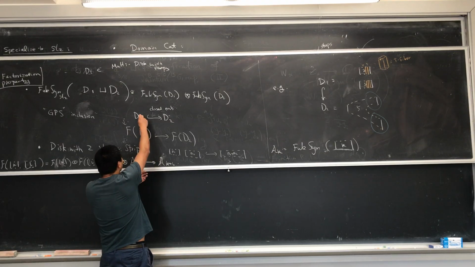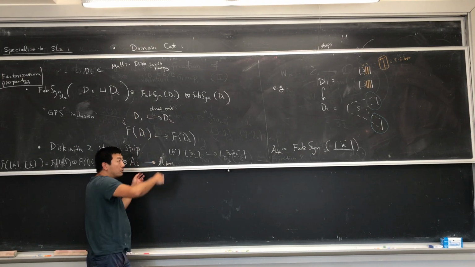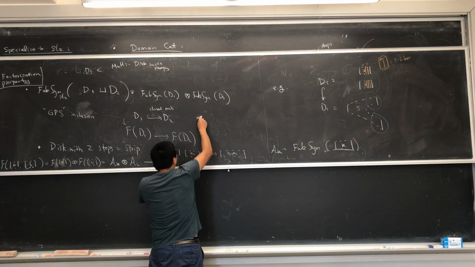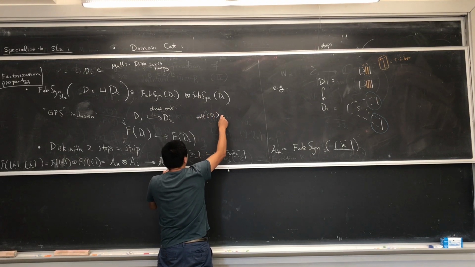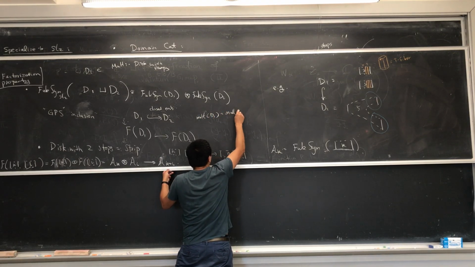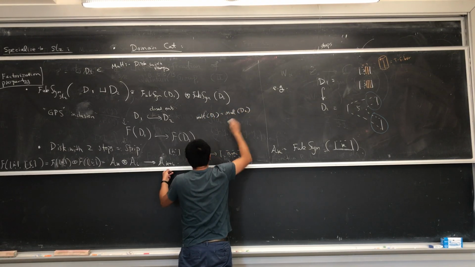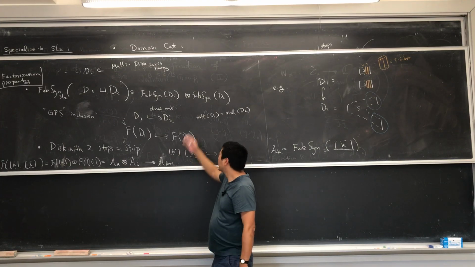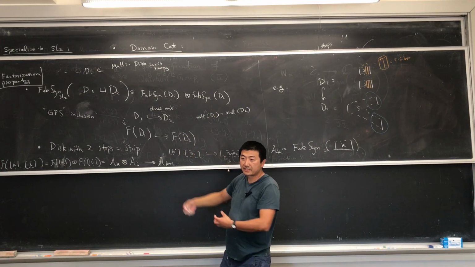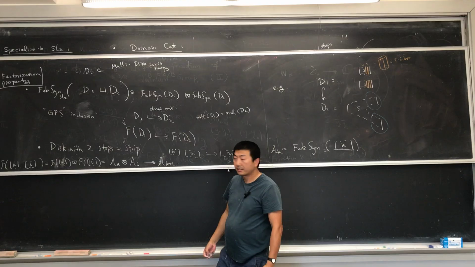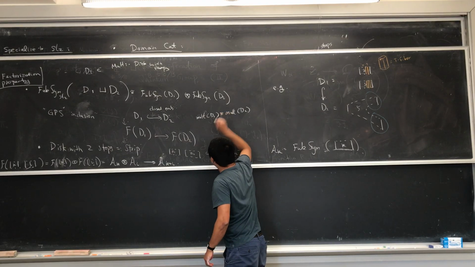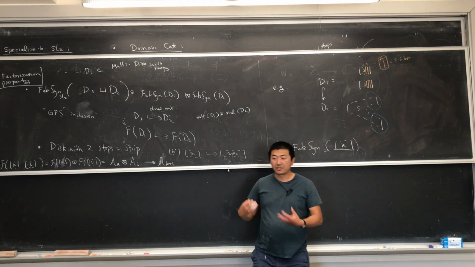And for the closed embedding, I do need the total multiplicity to match. The total multiplicity of D1 is the sum of all the multiplicities in each disk, with equal sign. Otherwise, the dimension of the space doesn't match.